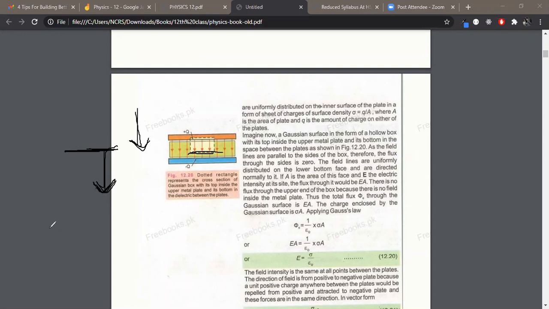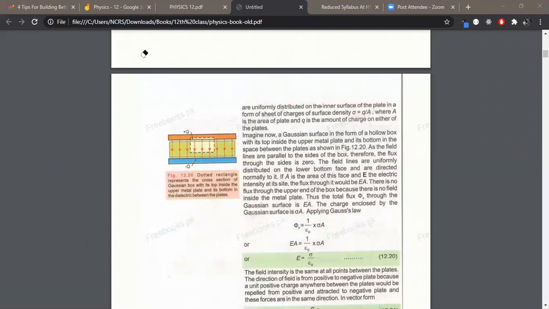So it will make an angle of 0 with the electric field. And once we put angle 0 in our flux equation, we get flux equal to EA. So the only flux in our Gaussian surface is produced because of the bottom surface.